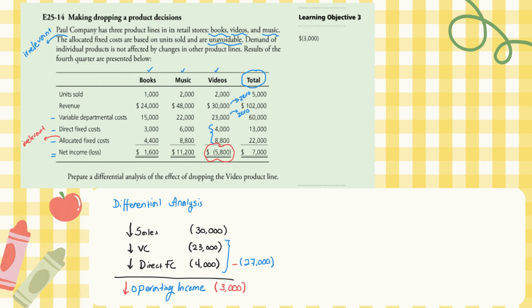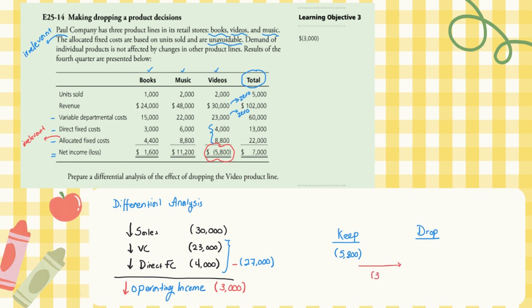So let's compare between the results. If I keep and if I drop, what's gonna be my loss? If I keep, I'm gonna lose 5,800 here in the income statement. If I drop, I'm gonna lose more, 3,000.